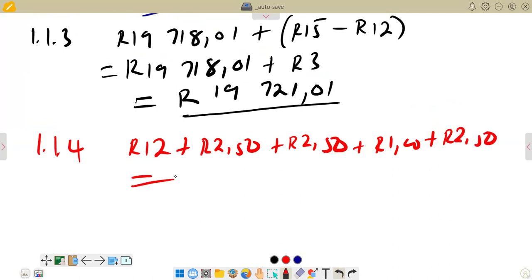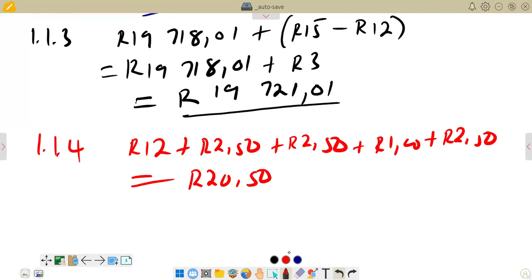Calculated correctly, we're going to get 20 rand 50, which is not more than 30 rand. Remember, the question is asking us to verify whether this total is going to be more than 30 rand. So this one is not.